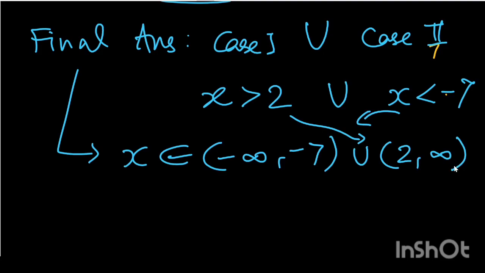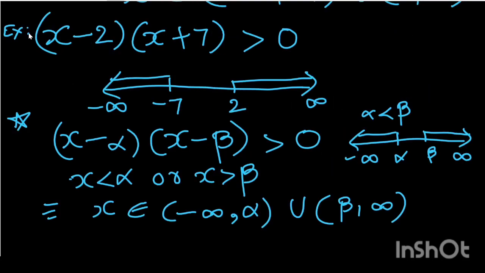So guys, as you can see here, in this example, x minus 2, x plus 7 greater than 0, what we obtained was less than minus 7 and greater than 2.